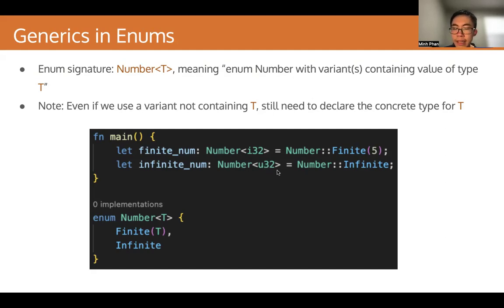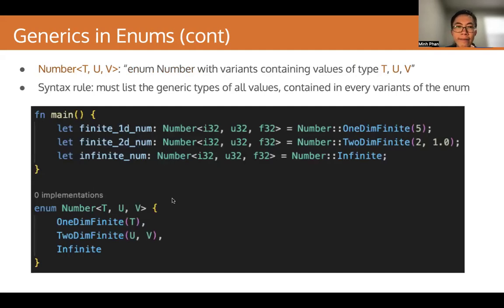This time it's u32, and we assign the value Infinite. So do note here that even if we use a variant not containing the type T, so in the second example here, we use the variant Infinite which does not contain a value of type u32, we still need to declare the concrete type for T. So we still need to declare the concrete type u32 here.